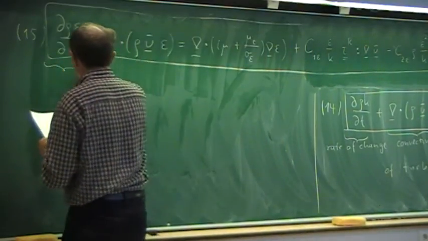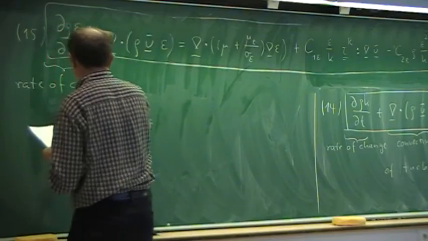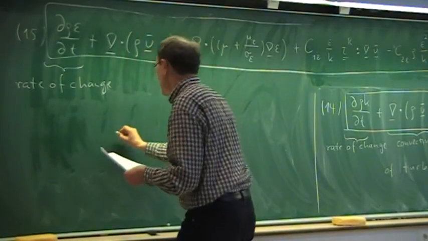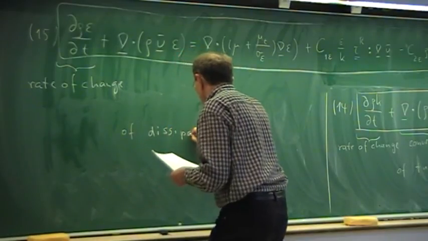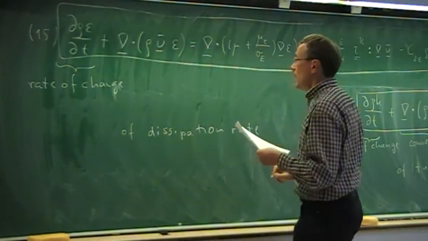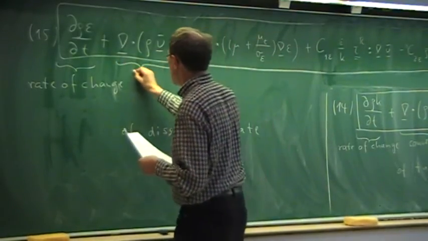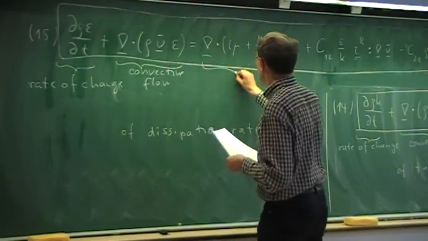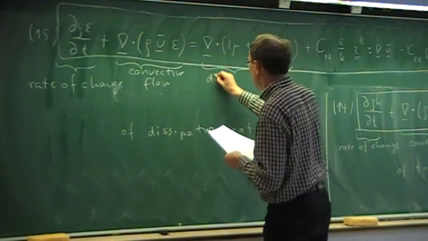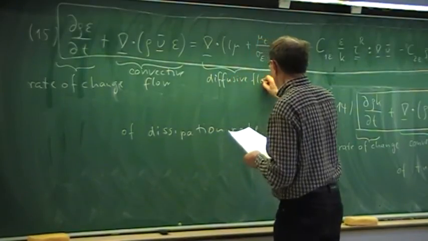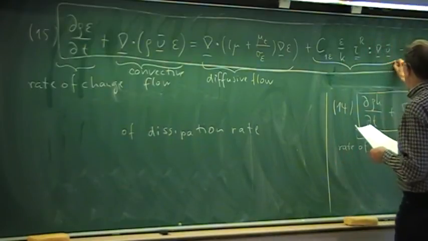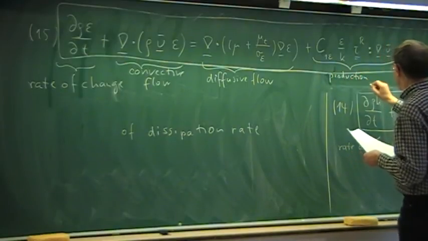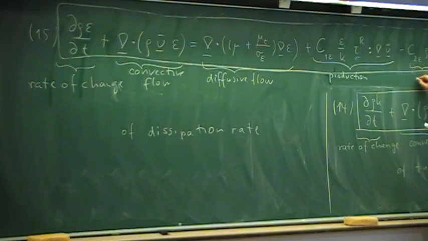So, here we can also identify the physical meaning of each term, and that is the rate of change of dissipation rate. Here we have the convective flow of dissipation rate, and here we have the diffusive flow, and here this describes the production, and this describes the dissipation.